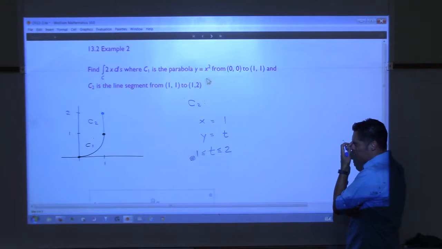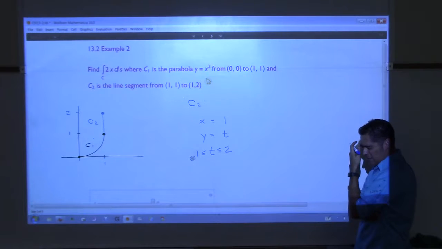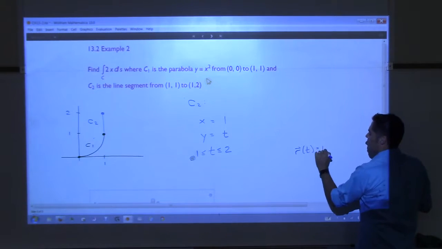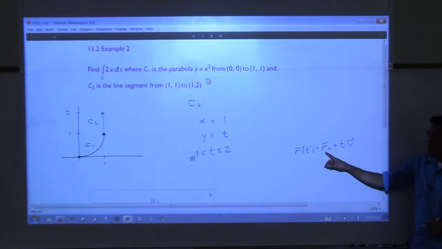All right, so back when we were doing vector equations of lines, remember that formula? It was r of t equals r naught plus tv. Remember that? r naught was any point on the line, v was the direction vector. And this would draw the whole line.